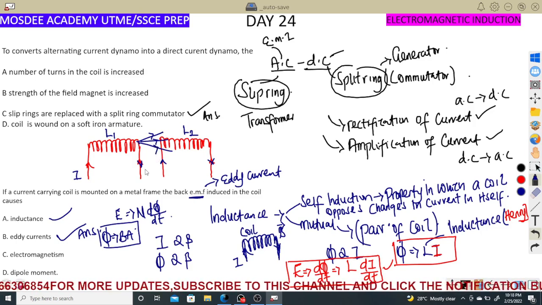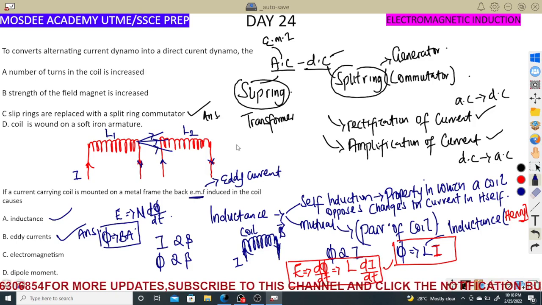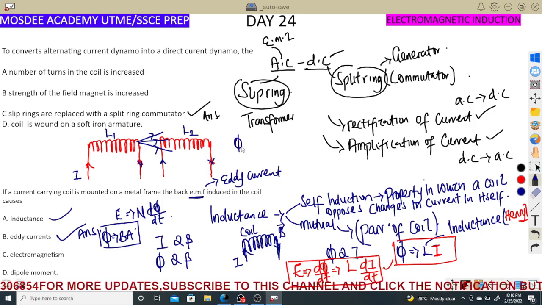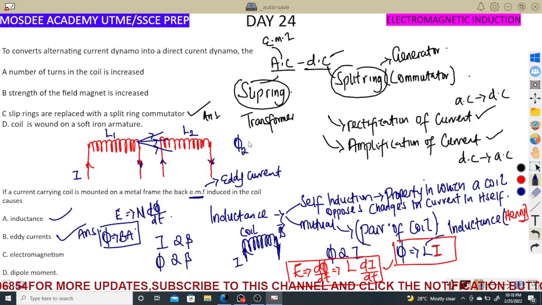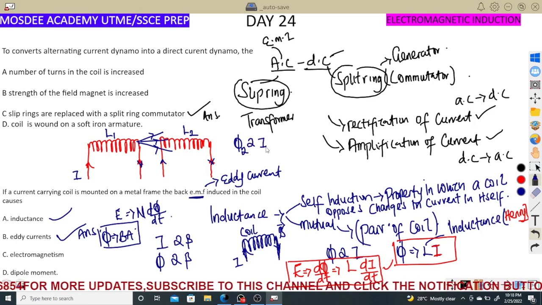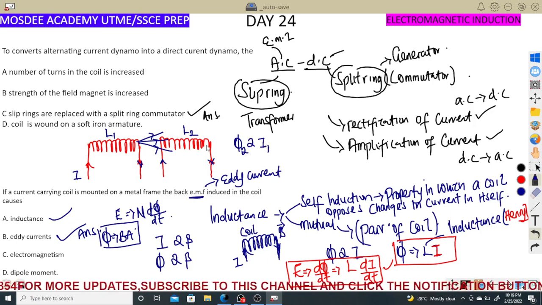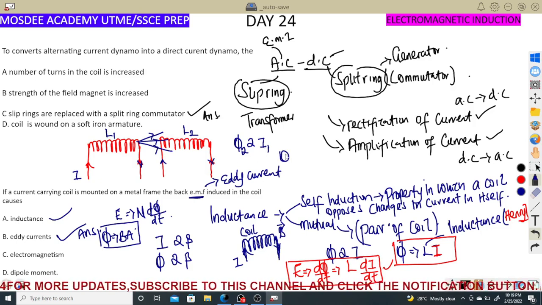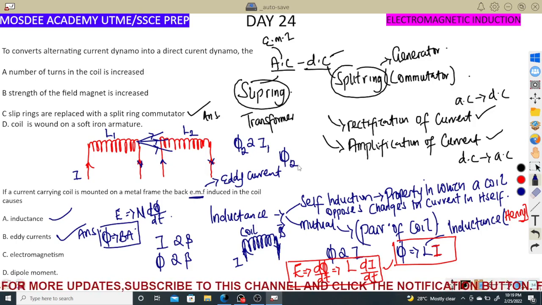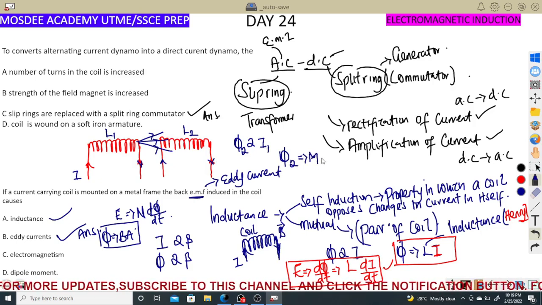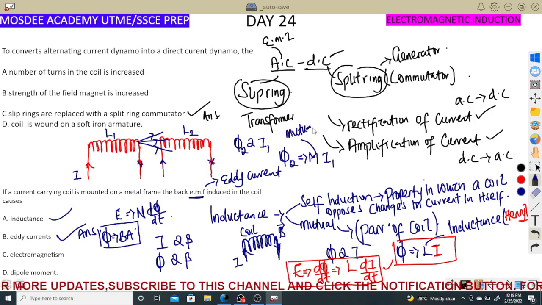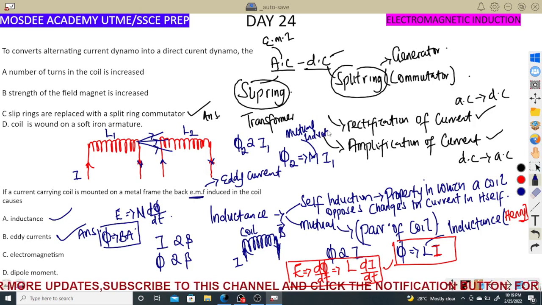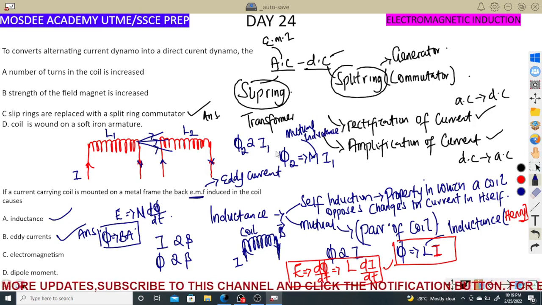The flux in the second inductor is proportional to the current in the first inductor because there's a mutual agreement, they are sharing something, just like a little bit of chemistry. So the flux in the second inductor is equal to M times the current, and this M is called mutual inductance.